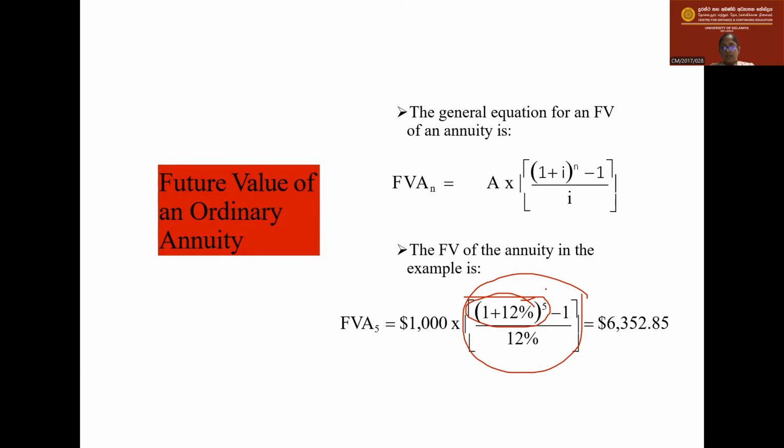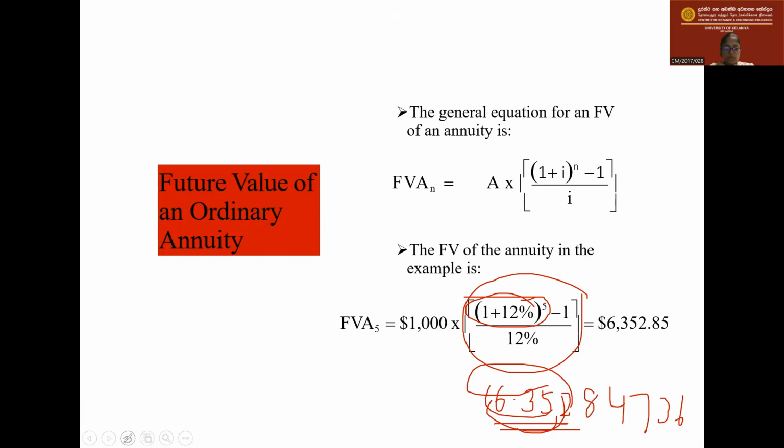First I'm solving this part, and then for the circled one, your value should be 6.35284736. All the digits are not needed; you can take 4 digits, 6.3528. Then multiply this whole amount by 1000.